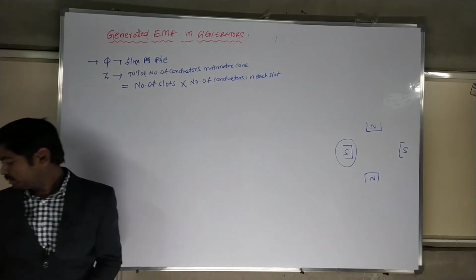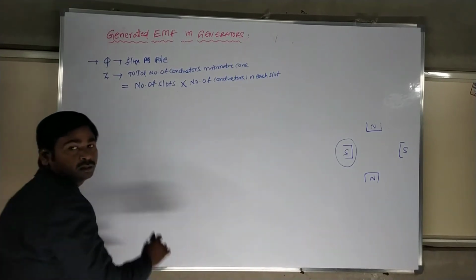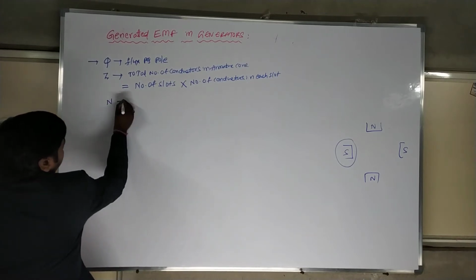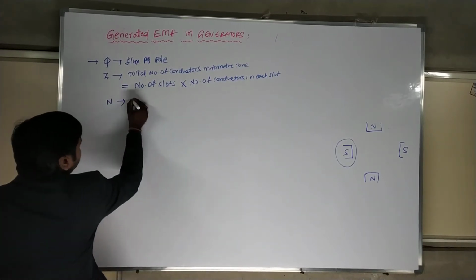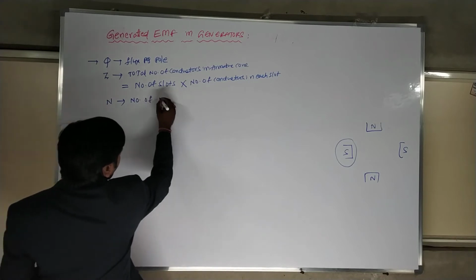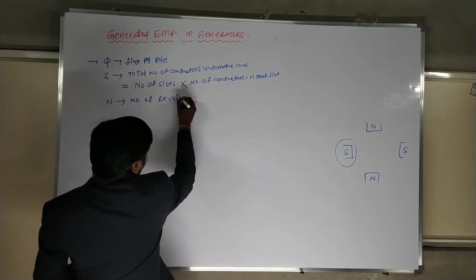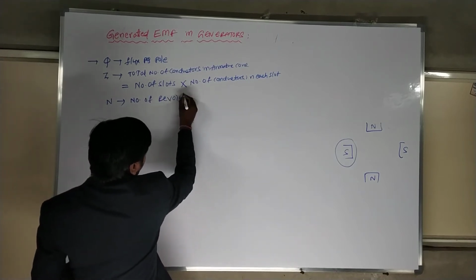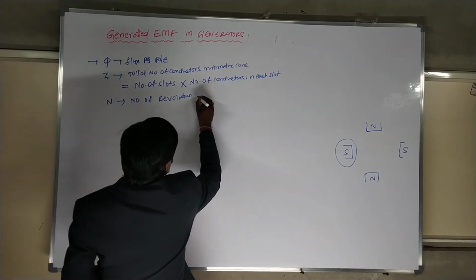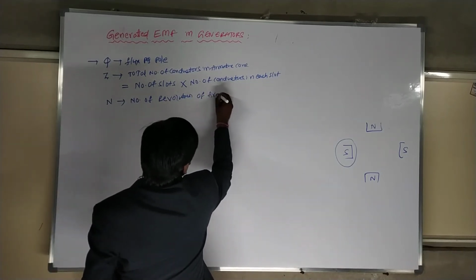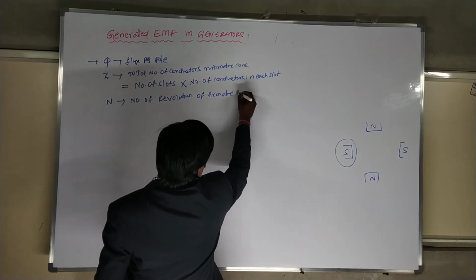So Z is over. Next, N. N is the number of revolutions of the armature per minute.